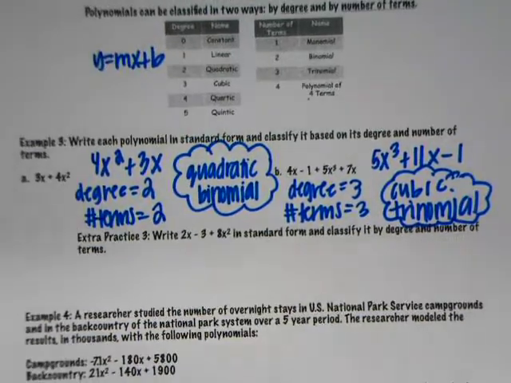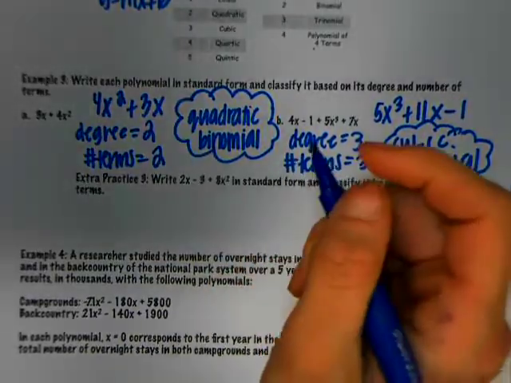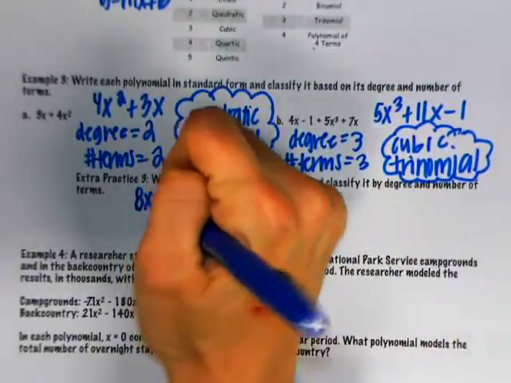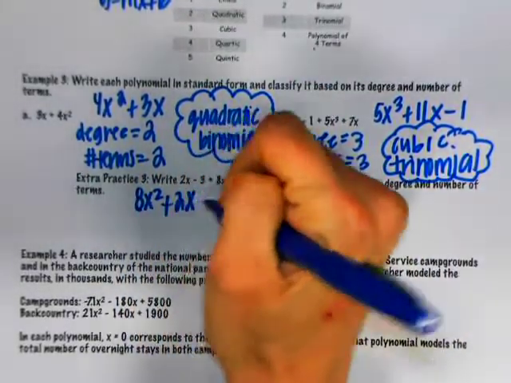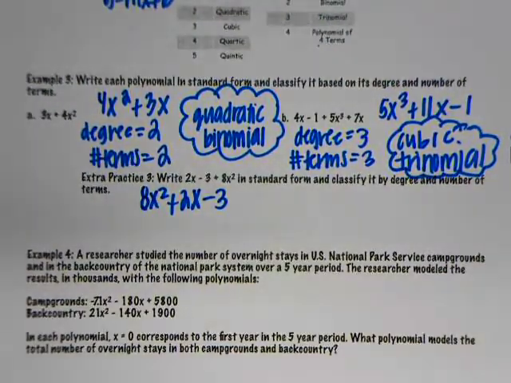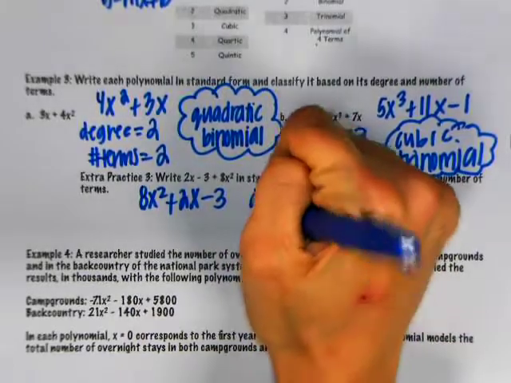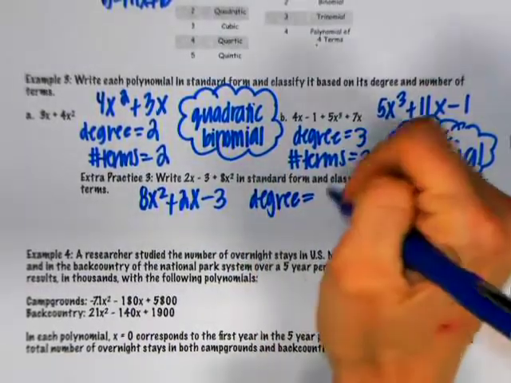So what did you guys put first for standard form? Yep, 8x squared plus 2x minus 3. Can you not add them? It has exponents. Correct. It has to have the same letter and same exponent to be able to combine. So what is the degree for this one? 2.